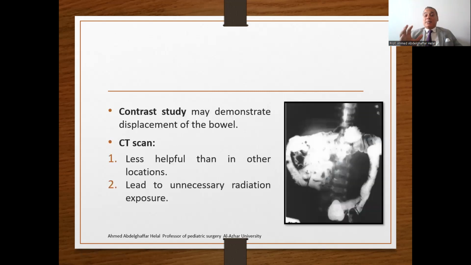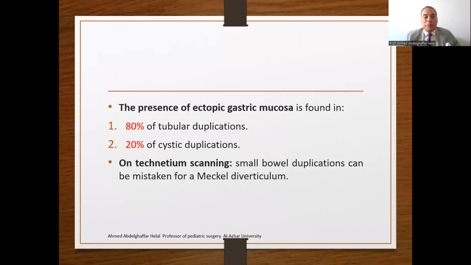A contrast study may demonstrate displacement of the bowel by the cyst. CT scan is less helpful than in other locations and may lead to unnecessary radiation exposure. Usually plain X-ray, ultrasound, and contrast study may diagnose small bowel duplication.